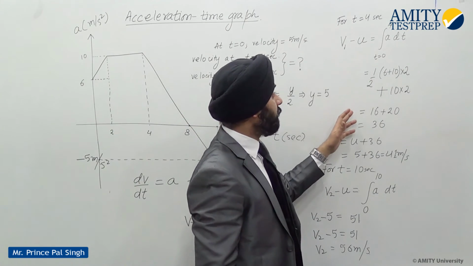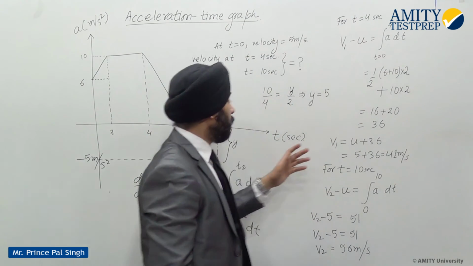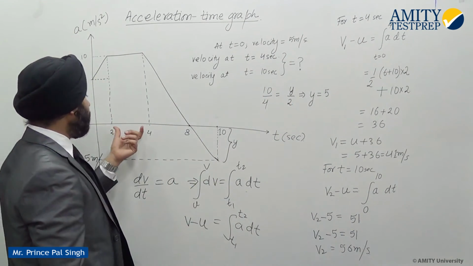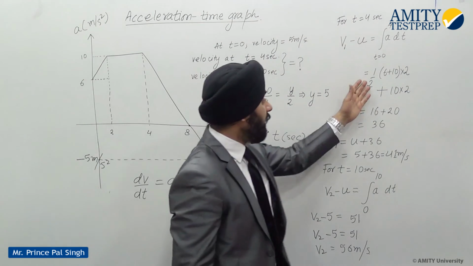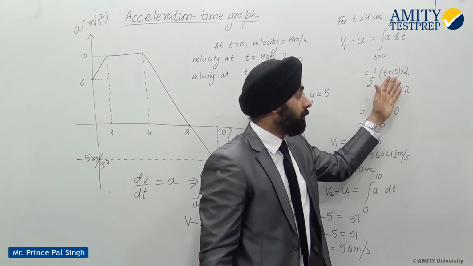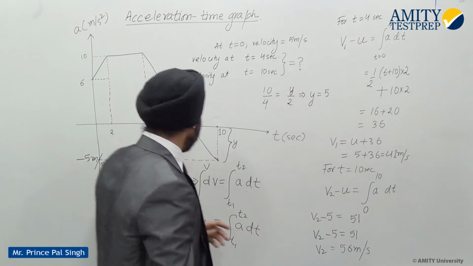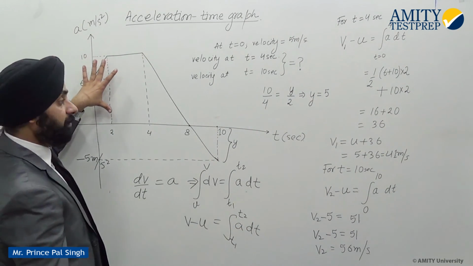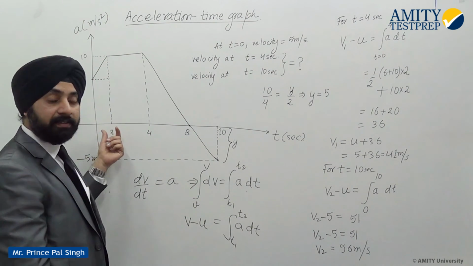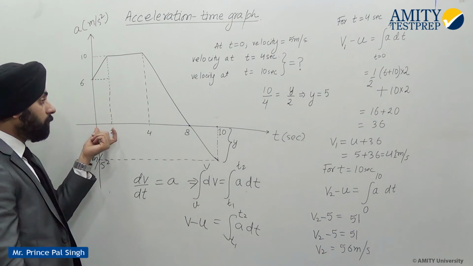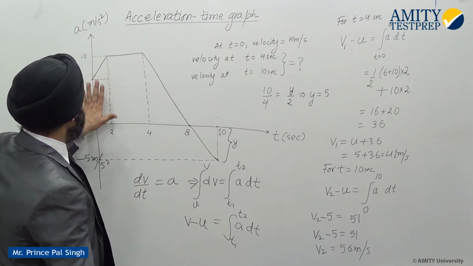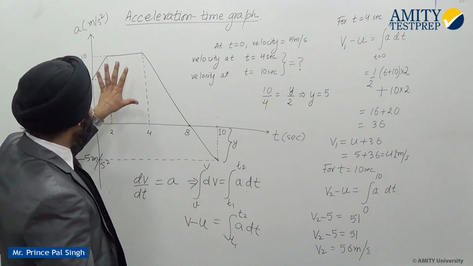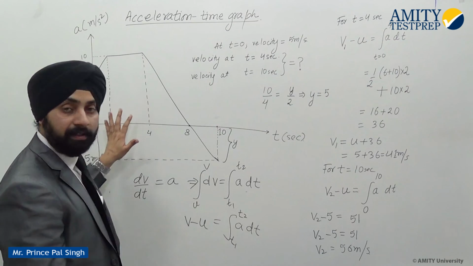So I have calculated this area. This is a trapezium and this is a rectangle. So it is half sum of parallel sides into distance between them. Half times 6 plus 10, sum of parallel sides, into distance between them, which is 2, gives me this area. Then I have to add up this area also, and this is a rectangle.